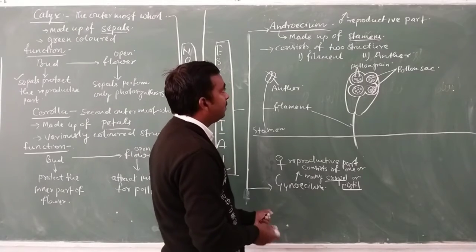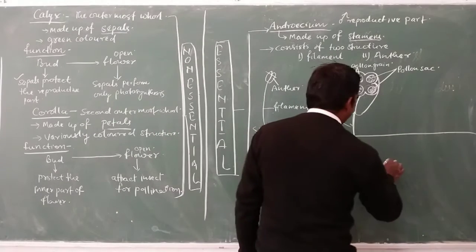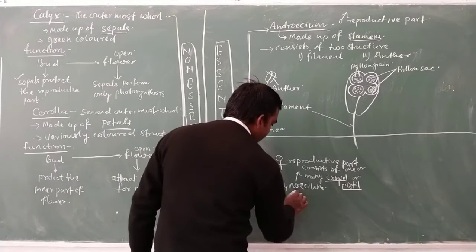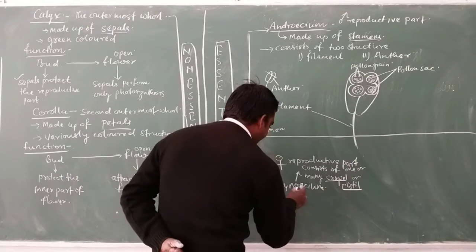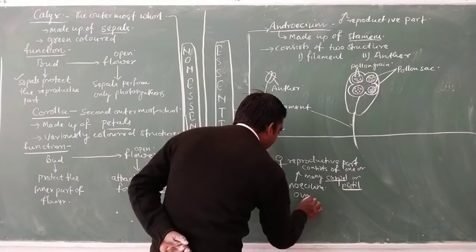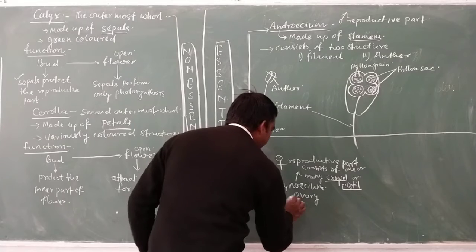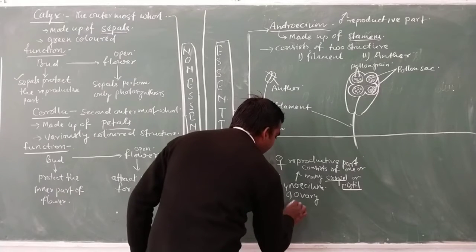About the gynoecium, there are three parts in gynoecium. The first is ovary, which is the base of the flower. The second is the style.